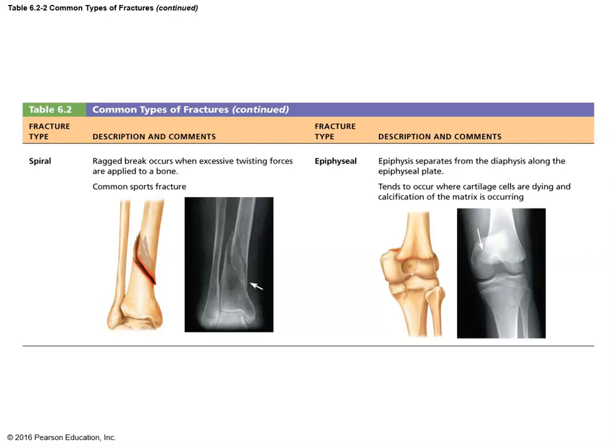This might be because of a sudden stop of movement. Let's say you're playing tennis, and you've been lunging for that ball, and then you plant your foot on the ground and try to stop your entire body with one leg. Your entire body, with the laws of gravity and movement, this is the law of inertia, says that once an object is moving, it really wants to stay moving.